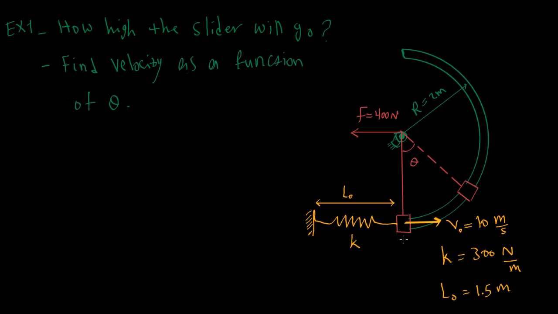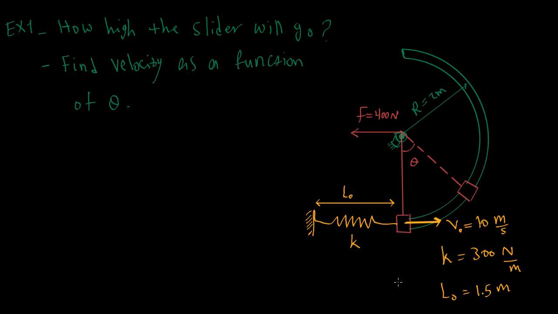We are giving the slider an initial velocity of 10 meters per second, and the problem asks to see how high the slider would go, what is the theta maximum basically here, and also the question asks for the velocity of the slider as a function of theta.